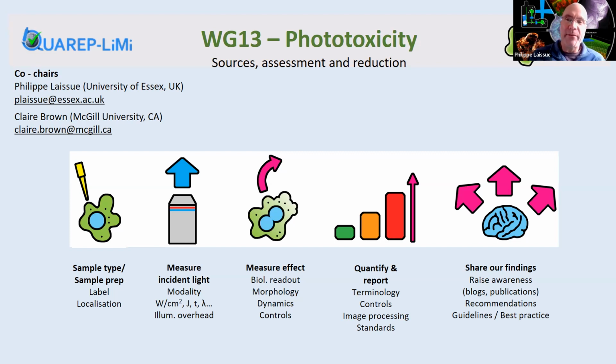And because there is not one size fits all that works for this, it's different approaches that can be used. And so we look at things like morphology or the dynamics and possible controls that you can have for various given experiments. How do you quantify that? And then how do you report that? That's also something we talk about.